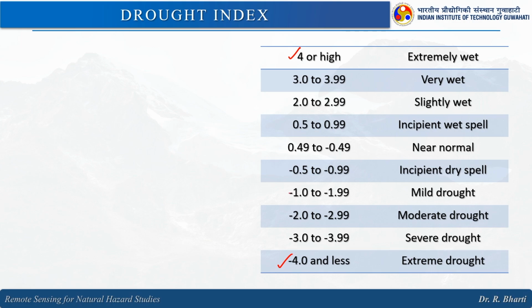Here you can see 0.49 to -0.49 is near normal. From here onwards the situation is towards drought, right, and this is the extreme drought condition.